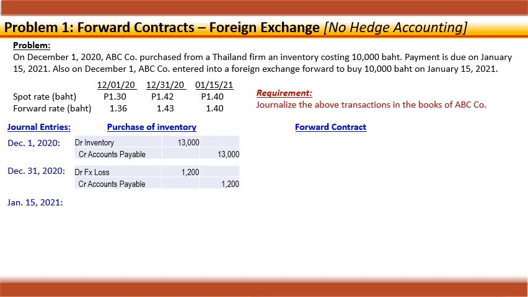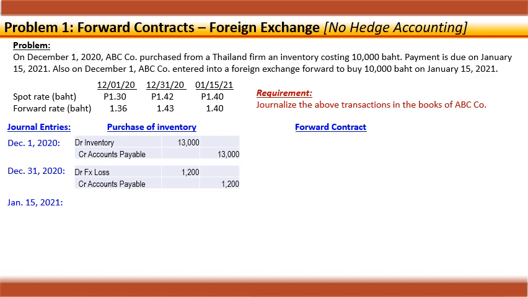Ang mangyayari, ang babayaran mo na 1.42. Tataas ang payable mo. Kikita ka doon or lulugi? Malulugi ka. That's why, ang entry mo is debit forex loss, credit accounts payable for the difference in spot rate, 1.42 minus 1.3, times the notional amount of 10,000 baht.